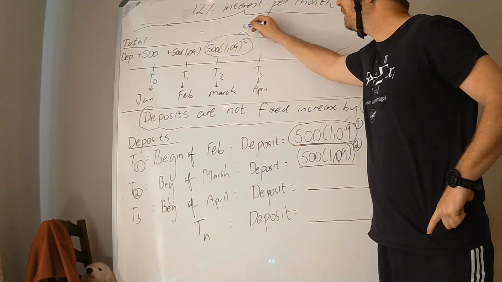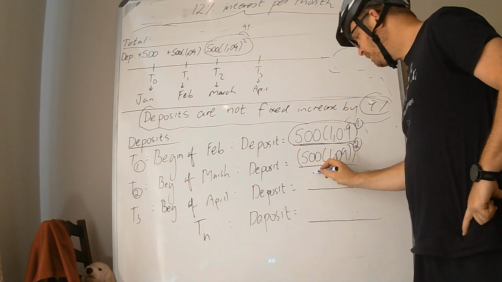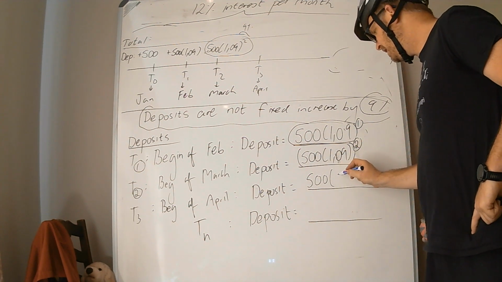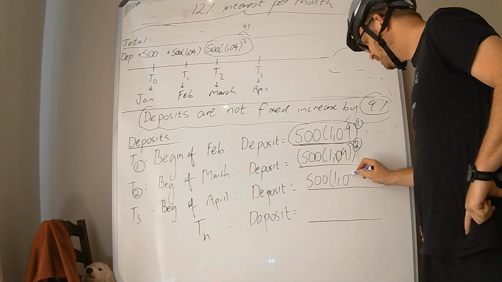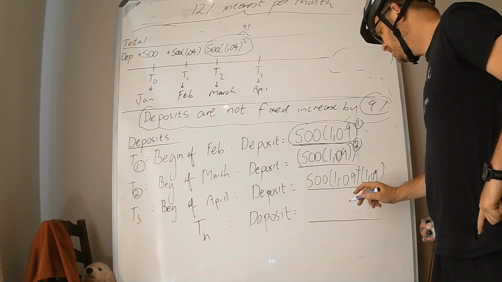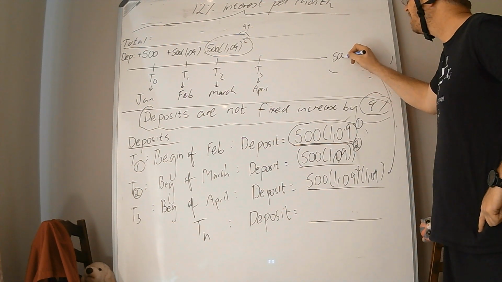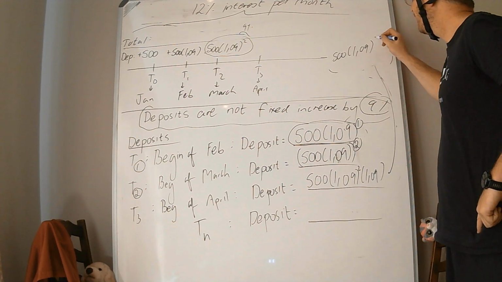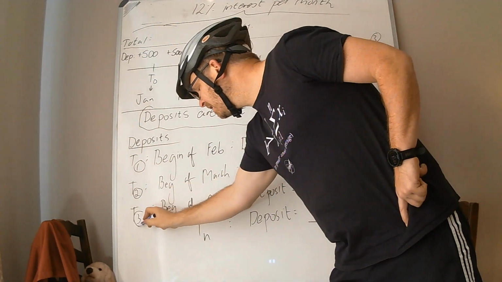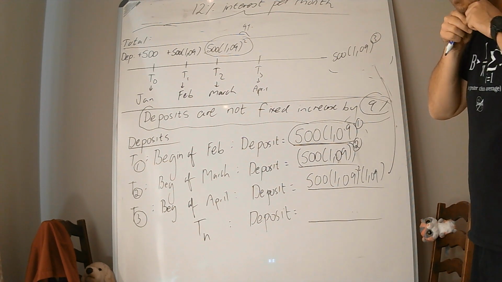If you increase it by 9%, your deposit at the beginning of April will be 500 times 1,09 squared times 1,09, which gives you 500 times 1,09 cubed.